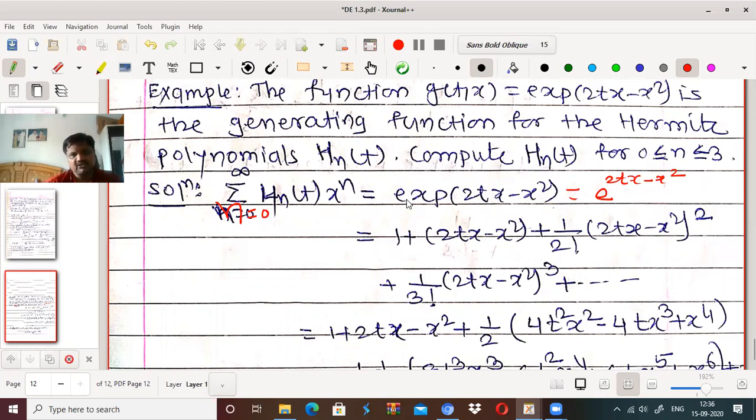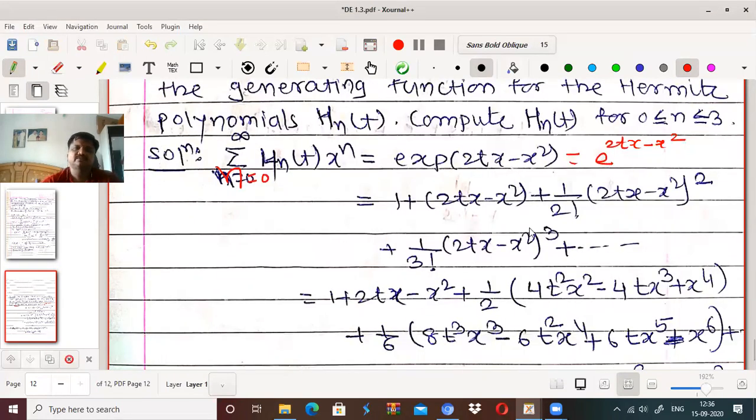So exponential of 2tx minus x square means e to the power 2tx minus x square equals 1 plus 2tx minus x square plus 1 upon 2 factorial (2tx minus x square) its square plus 1 upon 3 factorial (2tx minus x square) its cube and so on.